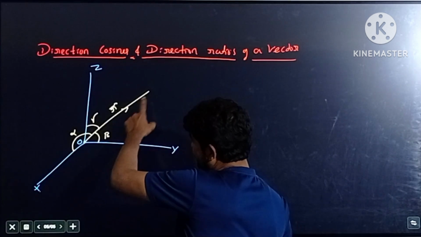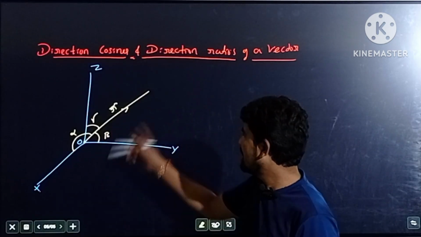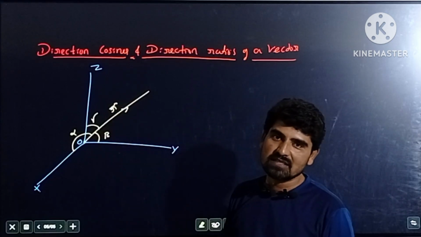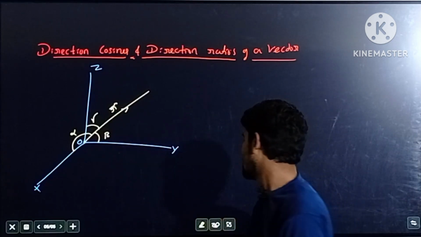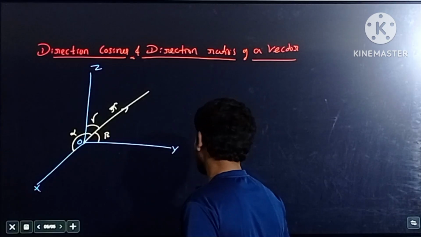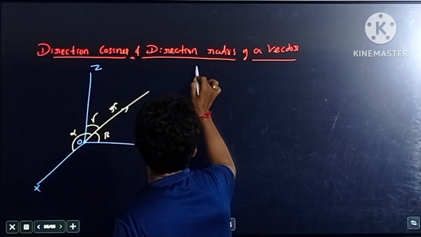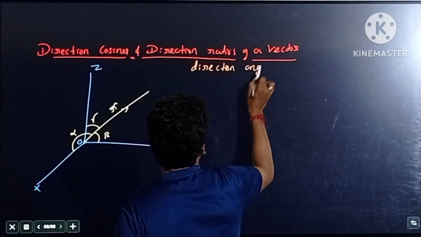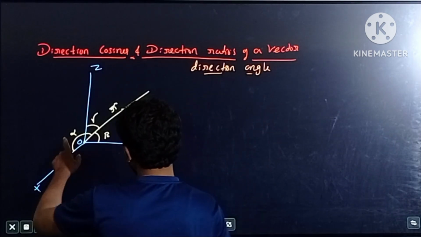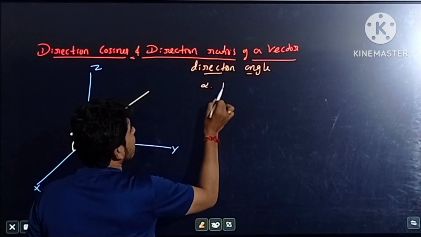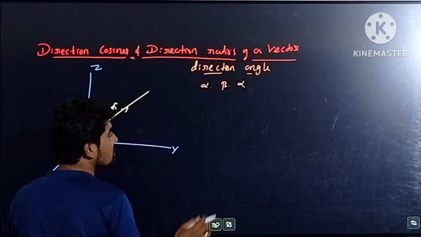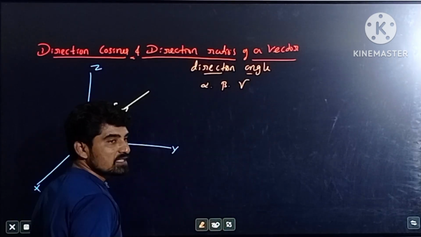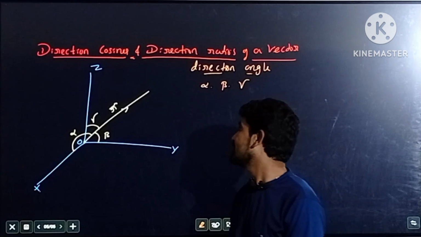The angles made by the vector with the positive x-axis, positive y-axis and positive z-axis are called direction angles. What are the direction angles here? The direction angles are alpha, beta and gamma. So first thing, direction angles. Here the direction angles are alpha, beta and gamma. And what are these? Angles made by the vector with the positive x-axis, y-axis and z-axis respectively.